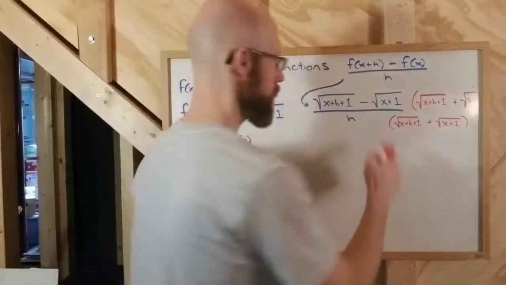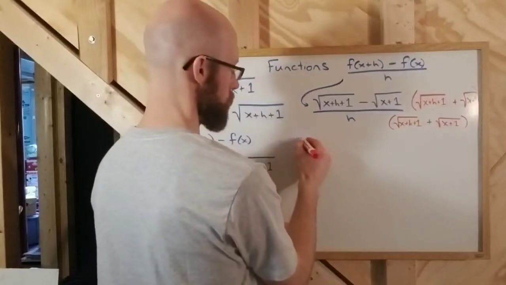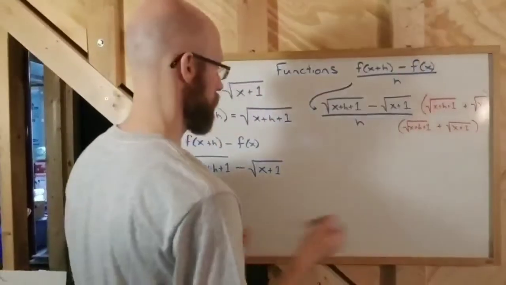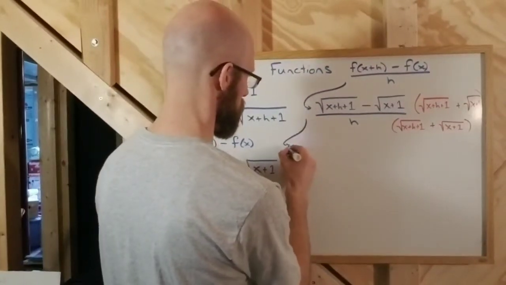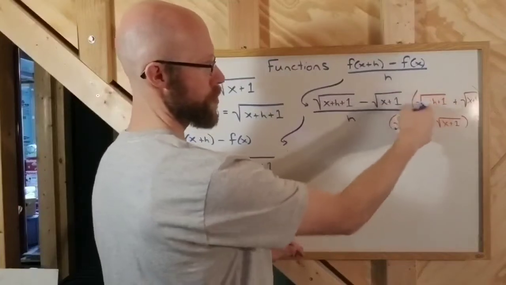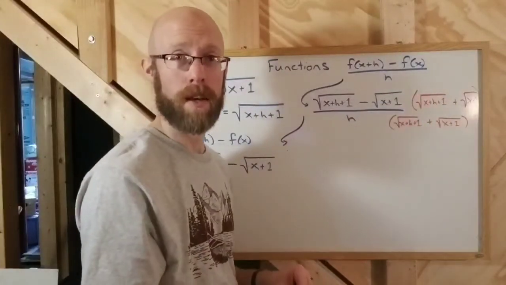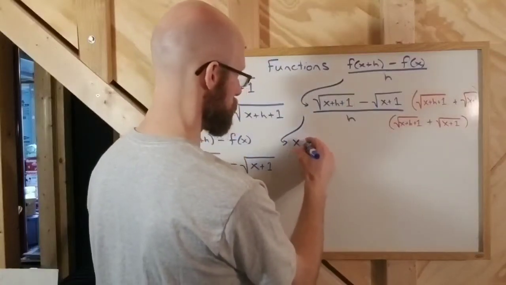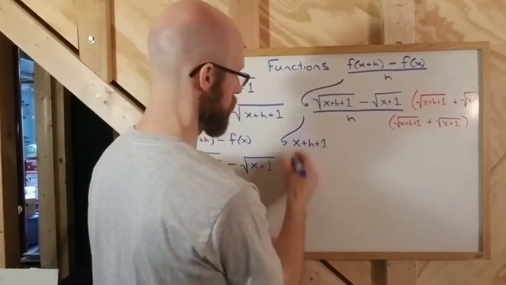When I do that on the numerator, I'm going to expand that out. Get my blue marker. I'm going to have this first root times this first root. Well, they're the same thing. And a root squared gets rid of the root, and so this becomes just x plus h plus 1.